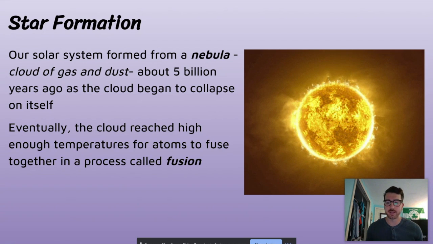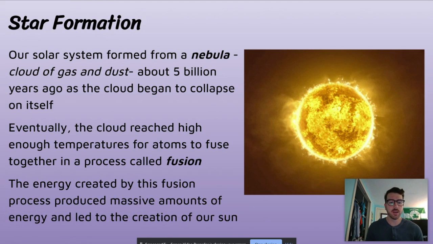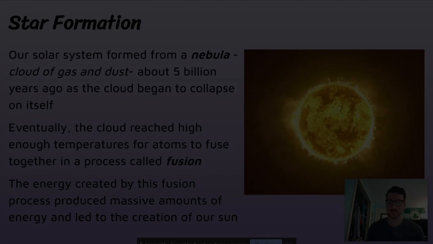Atoms within that cloud started to come together and fuse together in a process called fusion. The energy created by this nuclear fusion was so massive that it led to the creation of our star, which we call the sun. It is at the center of our solar system, and all 8 planets revolve around the sun.